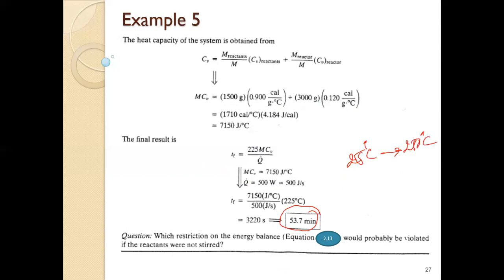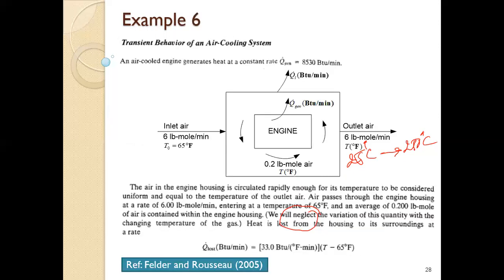This is the application of the unsteady energy balance, because the temperature is dependent on time. It is an example where we apply the energy balance to an unsteady system. But the last example that we talk about is also an unsteady system for energy balance.